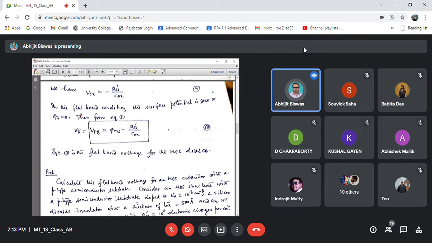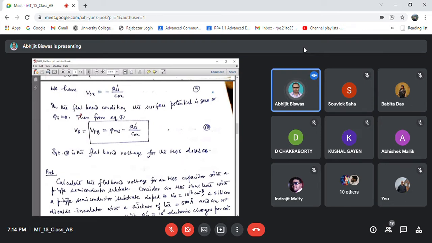So in the flat band condition, the surface potential is 0. That is why phi s equal to 0. And Vg will be equal to the flat band voltage, that is VFB, and that is equal to phi ms minus Q'ss by Cox.